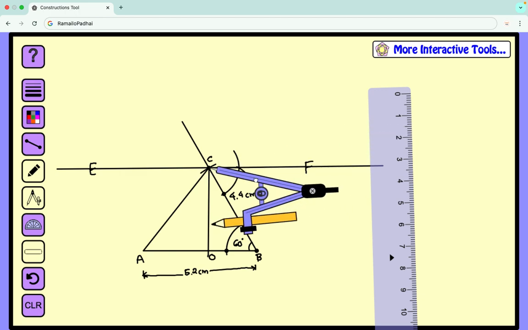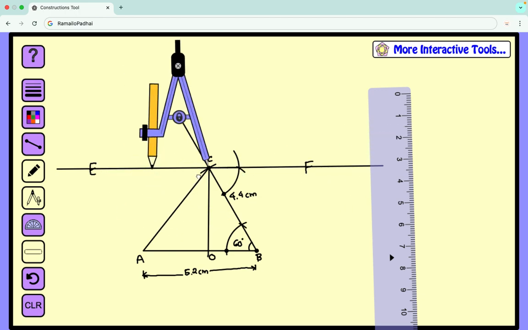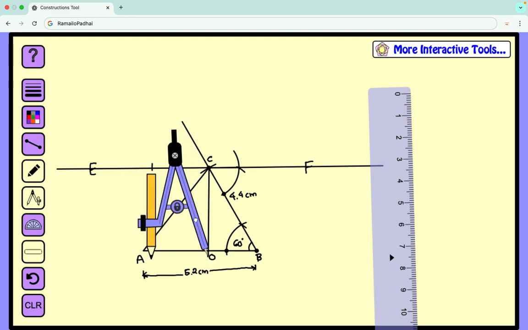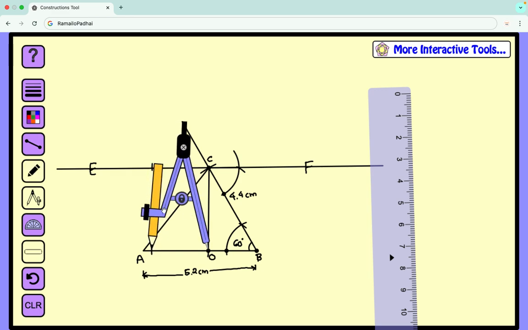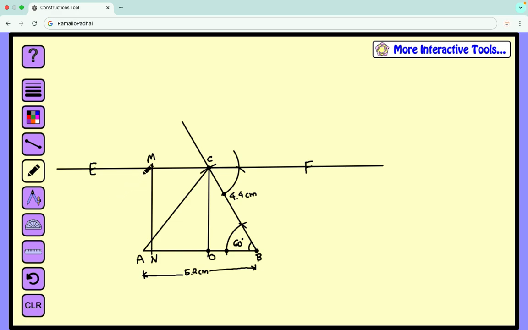So this is 2.6, marking 2.6 from C and marking 2.6 from O. So this MNOC will be the required rectangle. Let me write MC is 2.6 centimeter.